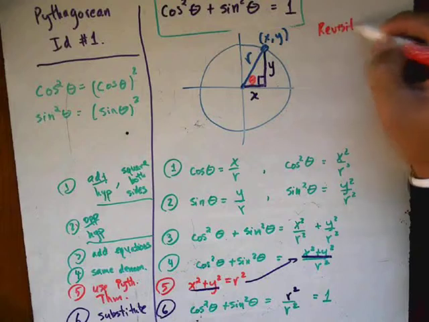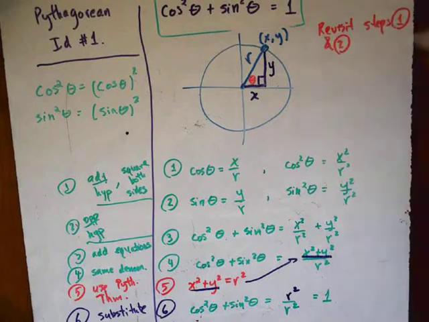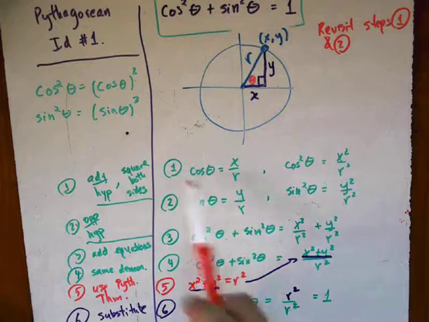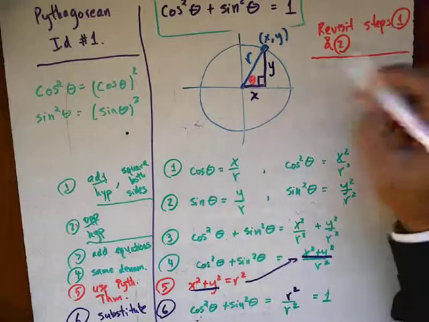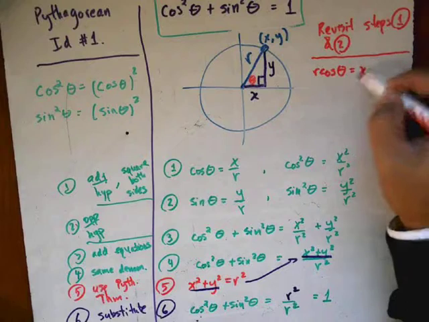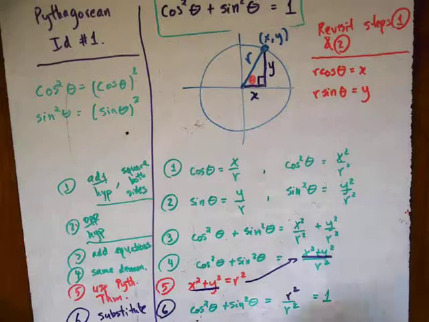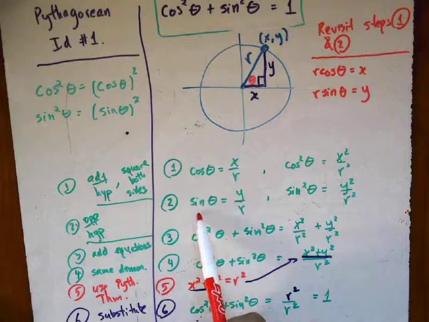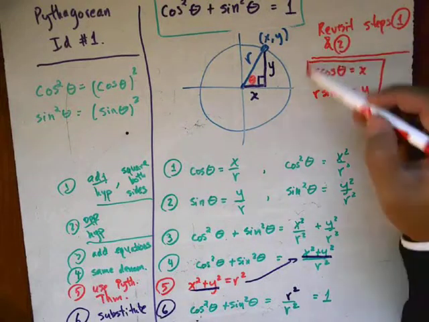One of the most useful things is if I multiply both sides by r. I get r cosine of theta equals x, and r sine of theta equals y. If I take this equation and multiply both sides by r, this is what I'll get. I just want you to keep this in mind.